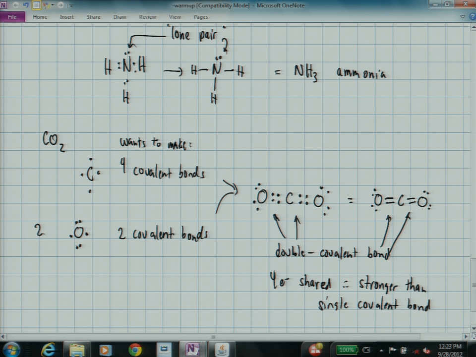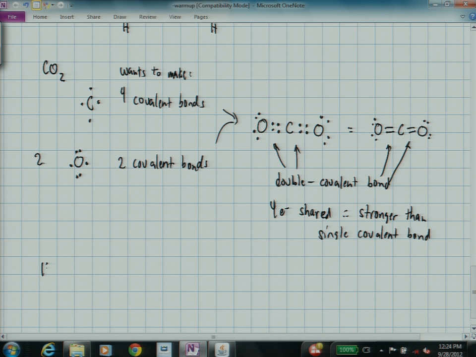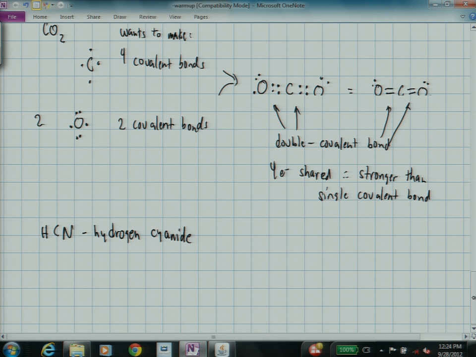All right. So let me do another example, but I won't ask you all to do it. Let me write that more neatly, please. HCN, hydrogen cyanide. Right? This thing wants to make 1 covalent bond. Carbon wants to make 4, and nitrogen wants to make 3.